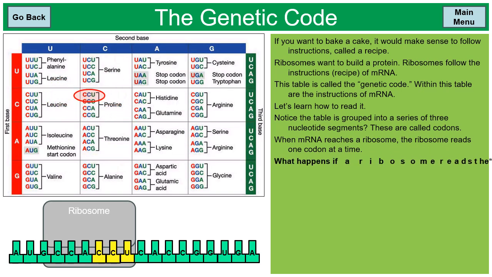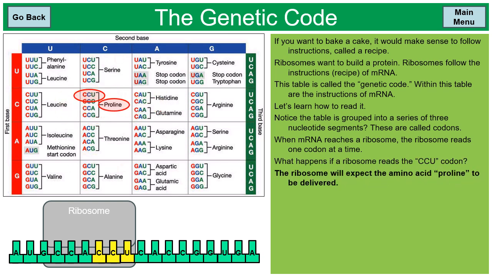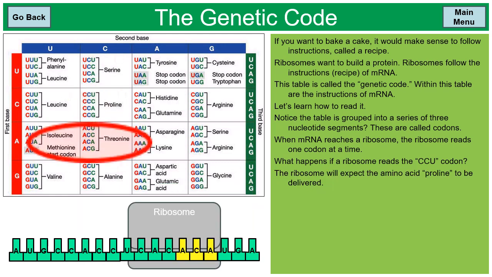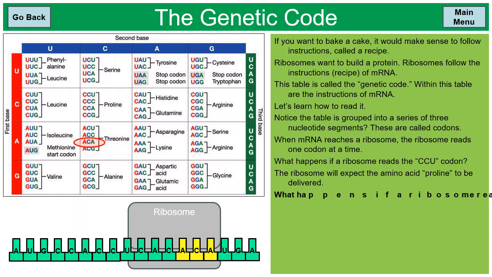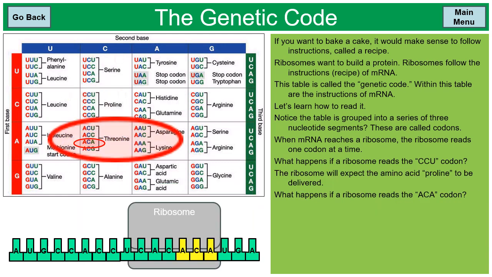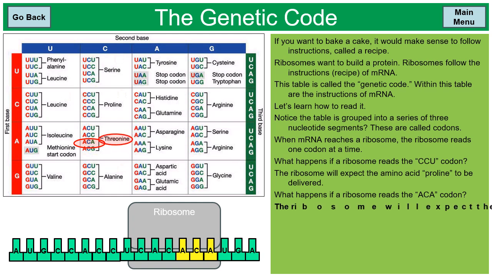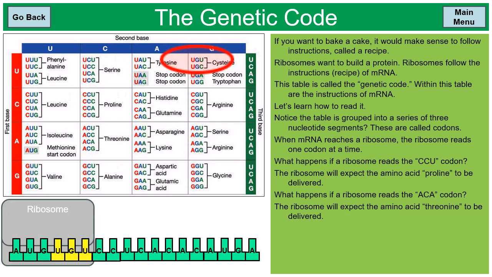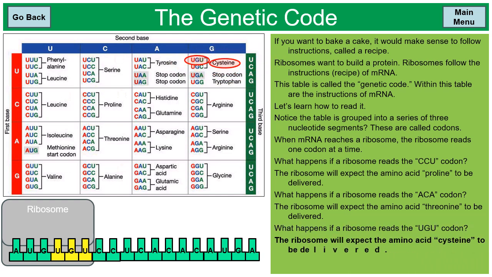And if we find a codon, for example, CCU, that means the ribosome wants the amino acid called proline. If the ribosome reads ACA, then the ribosome wants the amino acid threonine. If the ribosome reads UGU, the ribosome wants the amino acid cysteine.